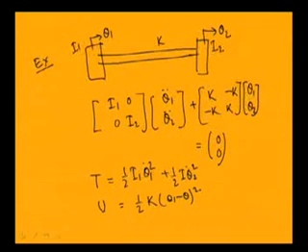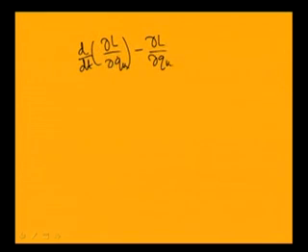Using this kinetic energy and potential energy, you can find the Lagrangian of the system, L equal to T minus U. Then by using the Lagrange principle, d by dt of del L by del q k dot minus del L by del q k equal to 0. As there is no force acting on the system, you can take this as free vibration, so the non-conservative forcing Q k equal to 0.